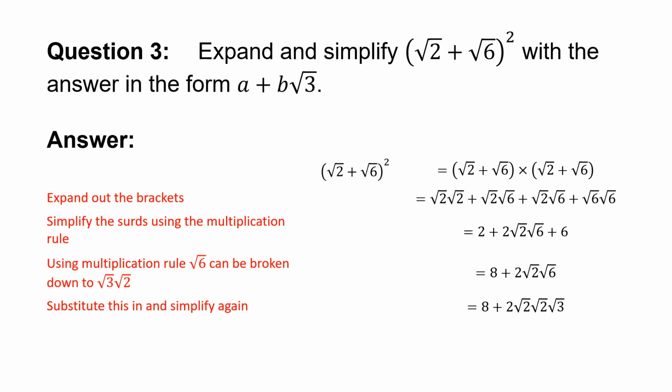So we have 8 plus 2 root 2 root 2 root 3. And we can simplify this root 2 times root 2. So root 2 times root 2 is 2. So we would now have 8 plus 2 times 2 times root 3. 2 times 2 is 4. So this is 8 plus 4 root 3.